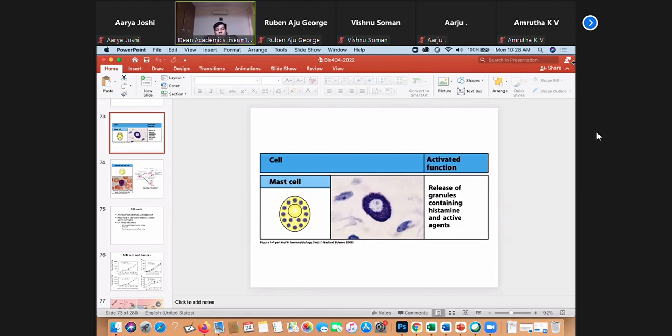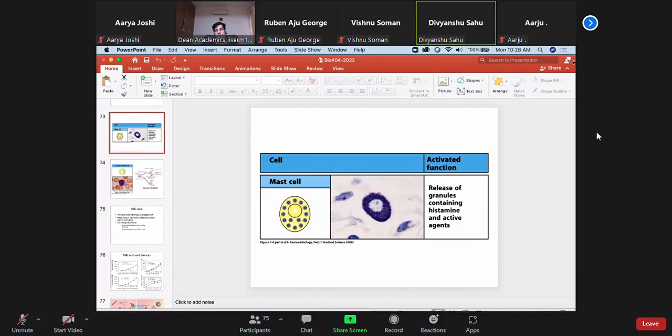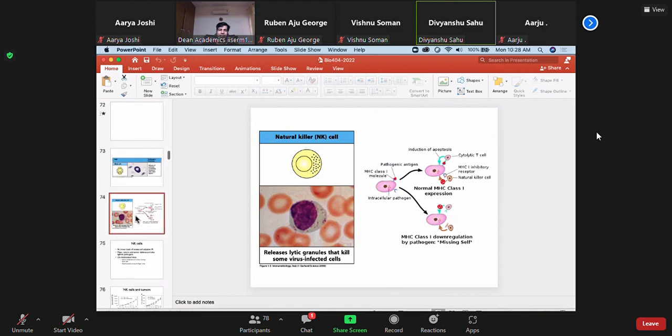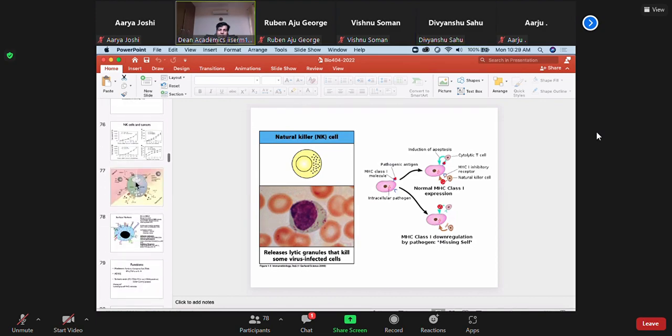All right, more questions. Excuse me, sir. In the slide of NK cells, what was the third bit? What was the point that you were trying to make? Which one? Here? NK, the next slide. This one?